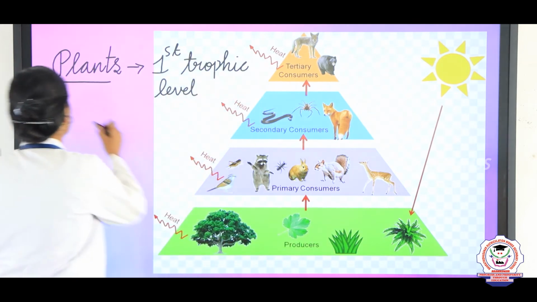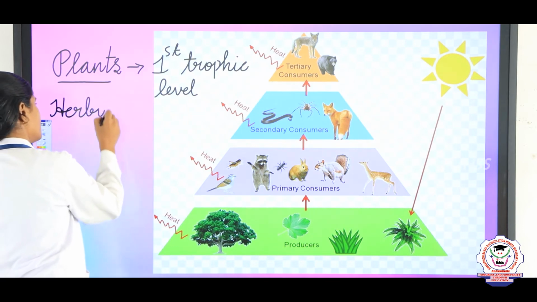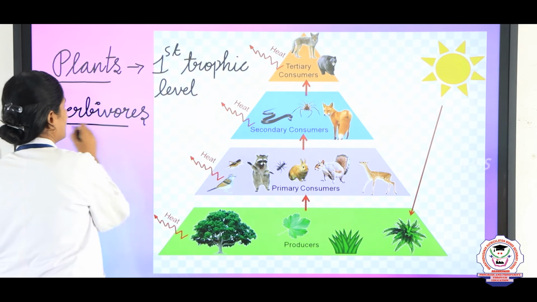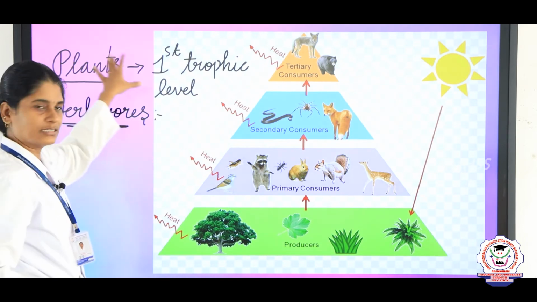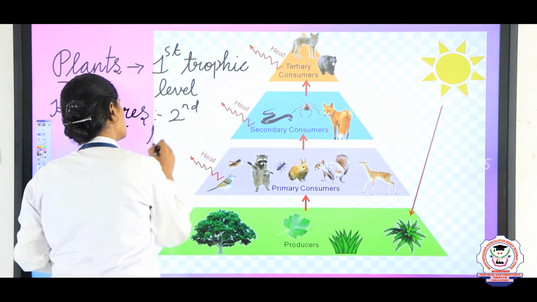And the herbivores are the plant-eating animals. They get the energy from the plants. So, they are called the second trophic level.